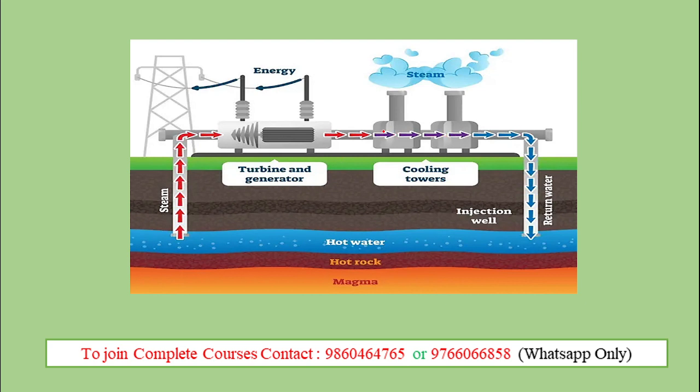The steam rises through the turbine and the pipe, and the cooling towers make the water return into the earth crust. So this is the injection well. This procedure makes the geothermal energy, and the generated energy goes to the towers for generating electricity, which is used for other purposes.